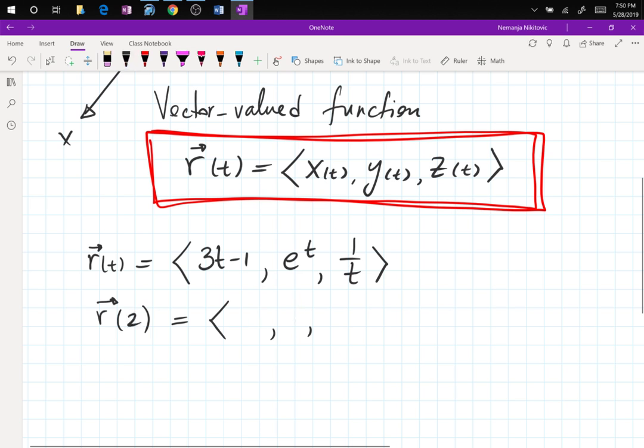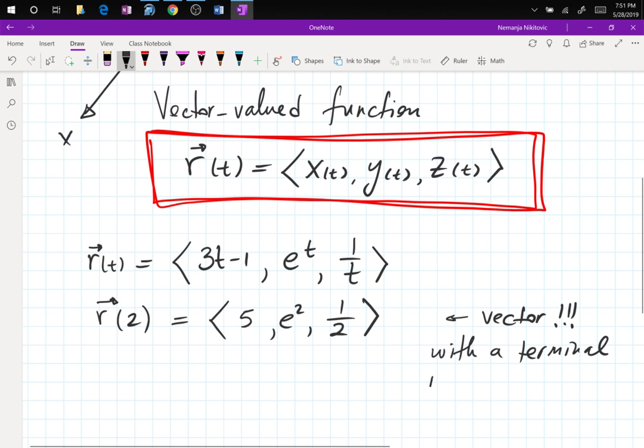Problem solved. So that's 5, e squared, and 1/2. Now, that's a vector with a terminal point (5, e squared, 1/2). E squared is about 10, so please don't panic.